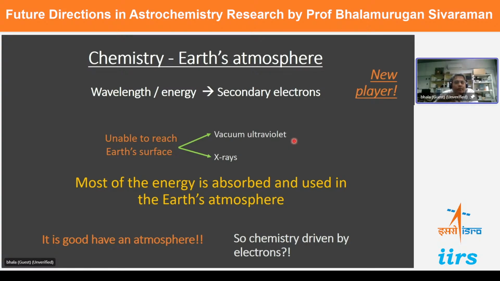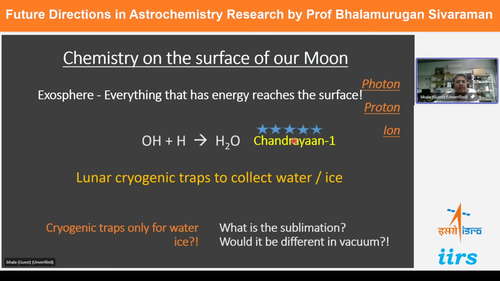The moment energy is deposited on the atmosphere, you are looking at chemistry. Chemistry can be driven in this case because these photons can generate secondary electrons. That becomes a new player as you move away from the Earth's surface towards the atmosphere and above. Now you are moving much further away, and then you reach the closest neighbor, our moon.